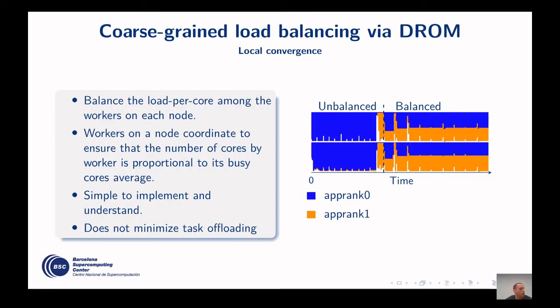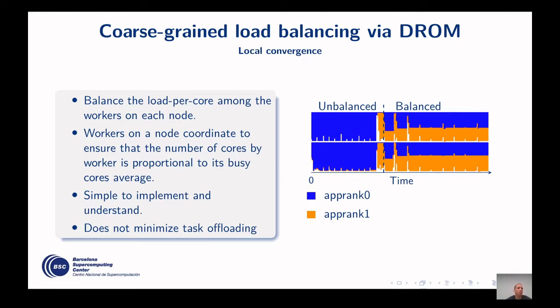When using DROM, the ownership of cores is updated dynamically as the execution progresses. We propose 2 different approaches to do that. The first and simpler one is the local convergence. Basically, it balances the load per core among workers on the same node, but the workers on a node coordinate to ensure that the number of cores per worker is proportional to its busy cores average.